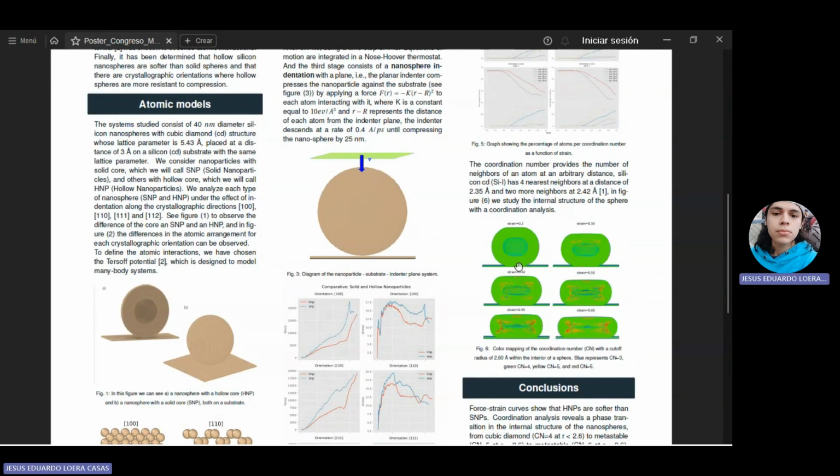You can see in figure number 6 how the silicon goes from a diamond structure in green to a silicon beta tin structure in red when the compression goes from strain 0 to strain 0.6.